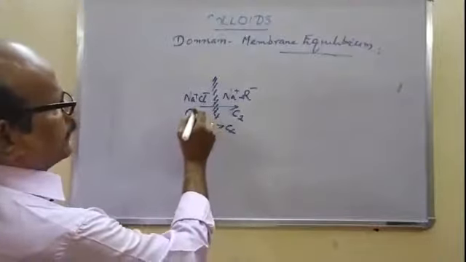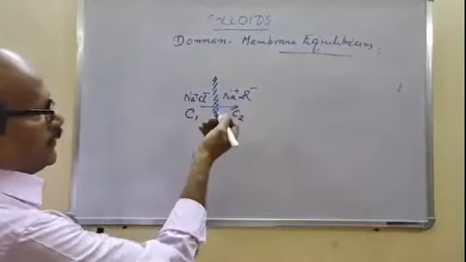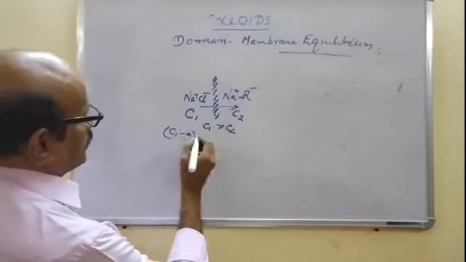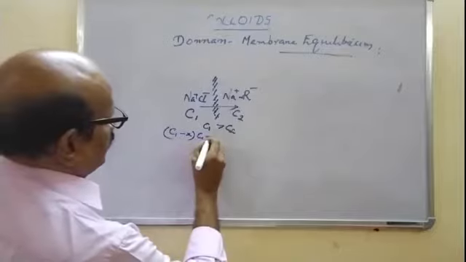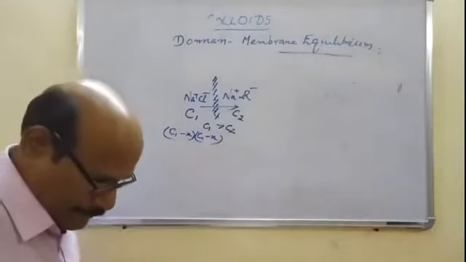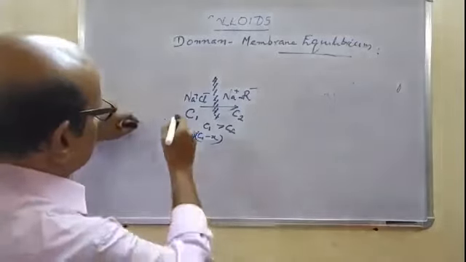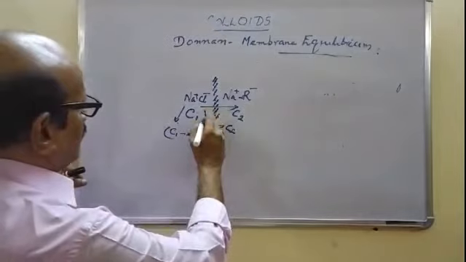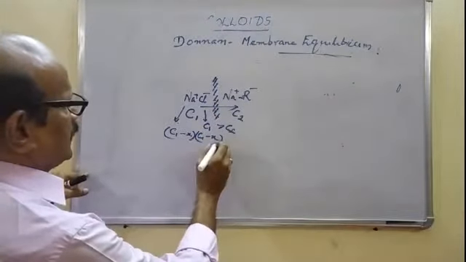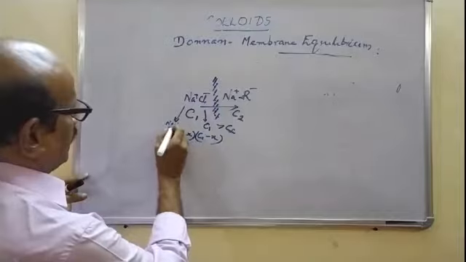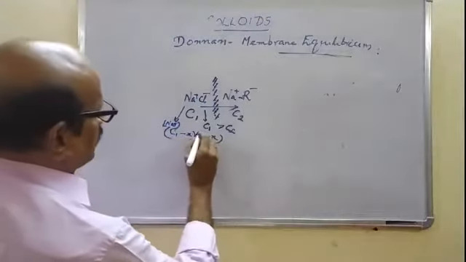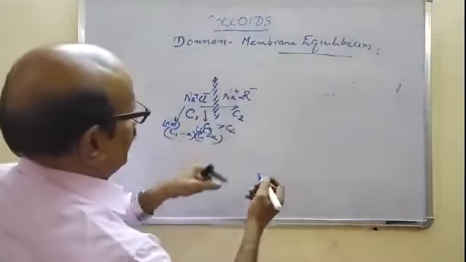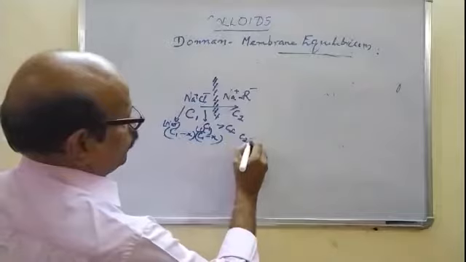Therefore, at equilibrium, the concentration of Na plus is C1 minus X, and the concentration of Cl minus is C1 minus X. Okay, at equilibrium the concentration of Na plus on the right is C2 plus X.